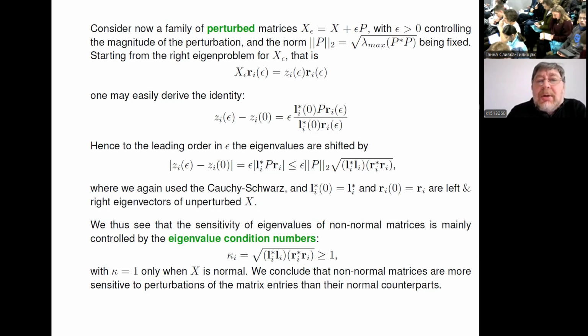For this perturbed matrix, which we denote X epsilon, we can write the corresponding right eigenproblem in the standard way.